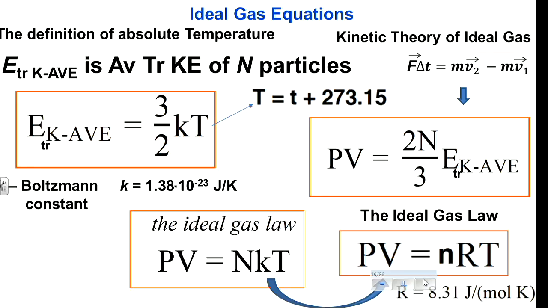This is what we call the ideal gas law. For any ideal gas in a container, pressure, volume, temperature, and the amount of gas measured in moles are related like this. This is the universal gas constant.